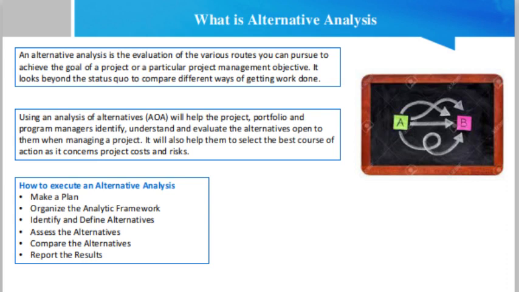Analysis of alternatives, also called AOA, is part of the decision making process when looking at existing portfolios, programs, and projects, or while initiating a new project. This decision making process helps you find cost effective actions and avoid unnecessary effort duplication. Using alternative analysis will help reduce the risk of project failure.